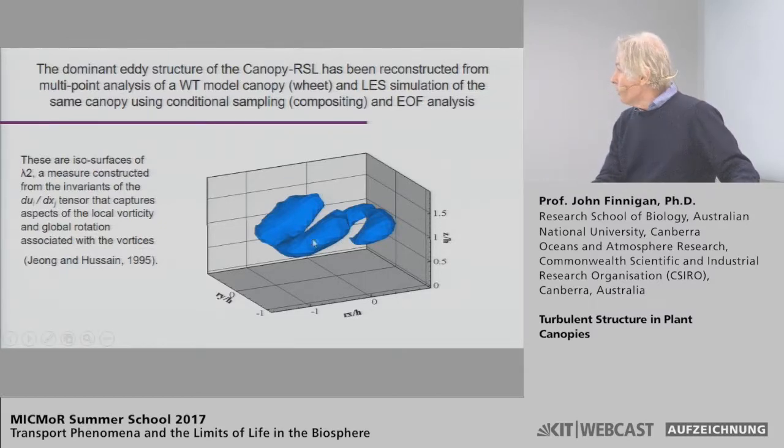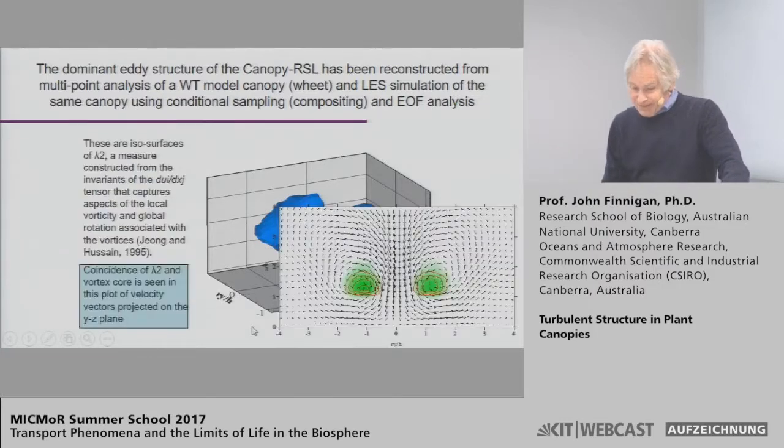So what we got was an eddy structure which looked like that, but it actually had this one superimposed on it and basically got swallowed up by the second one. And we published this in, I think, BLM in 2000. It's an interesting paper, and it was a lot of work, but it still got things wrong.